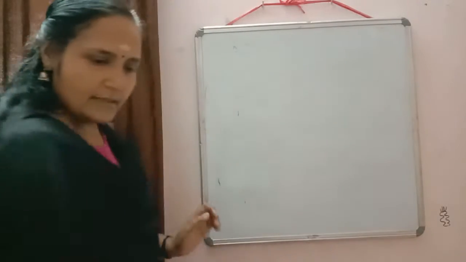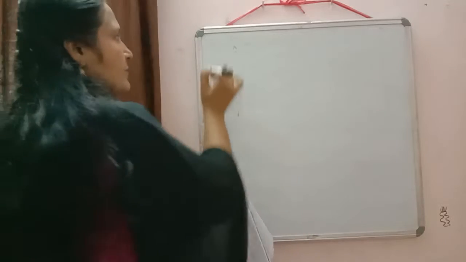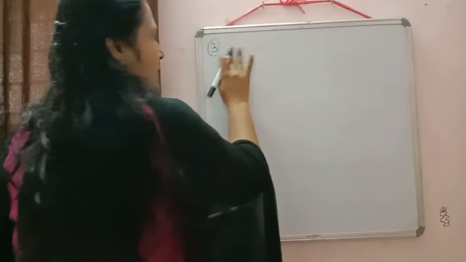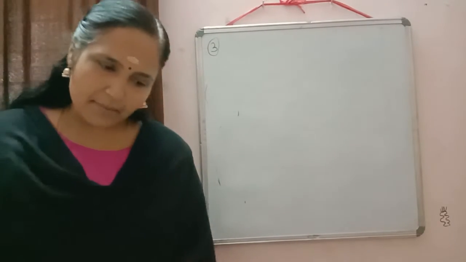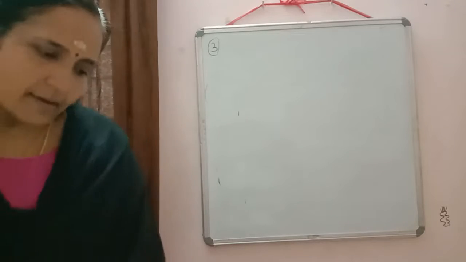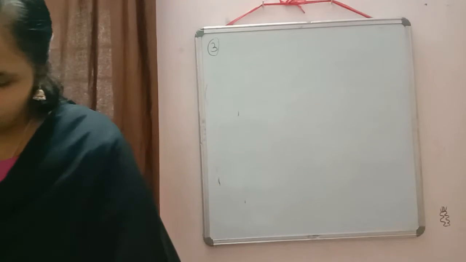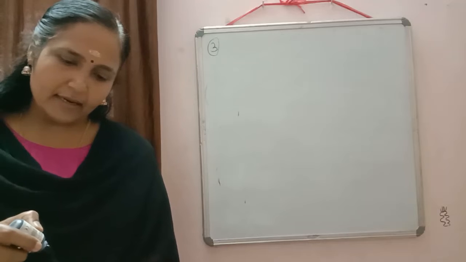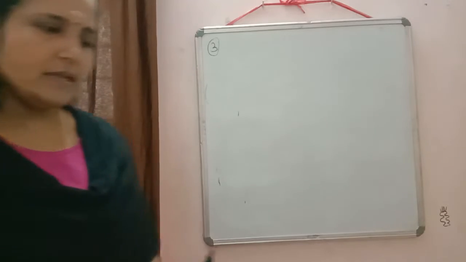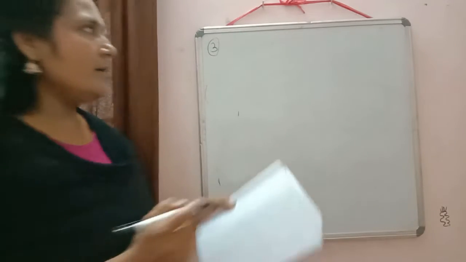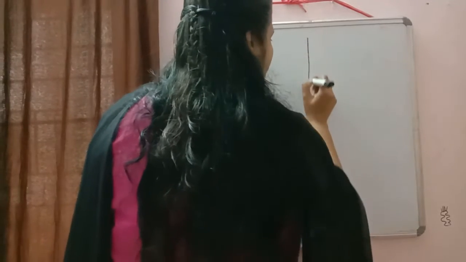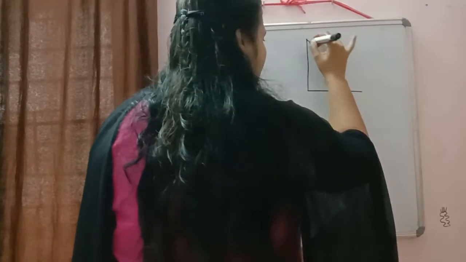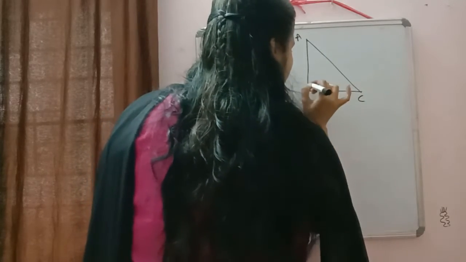Question number 3. In question number 3 we will check what is given. Again we have a triangle ABC, a right triangle right angled at B. So first we can draw a right triangle right angled at B. Triangle ABC right angled at B. It is given.